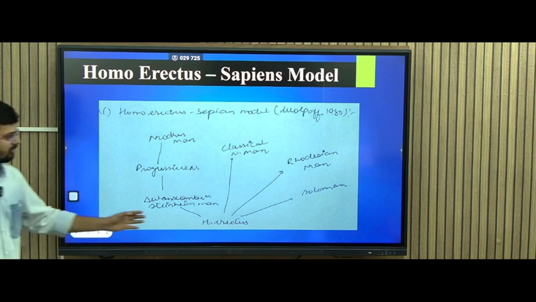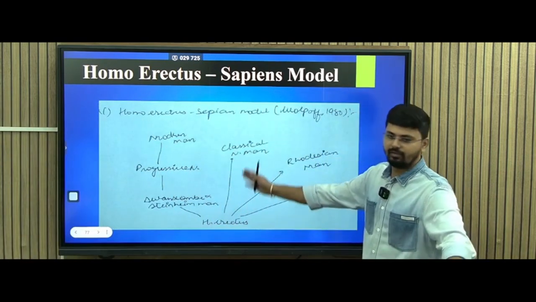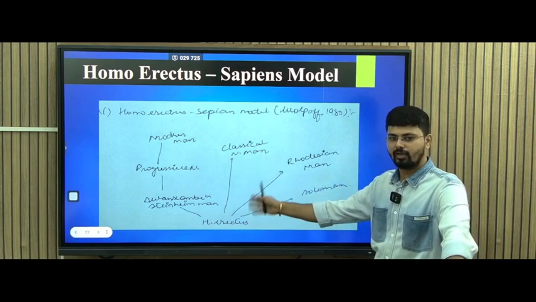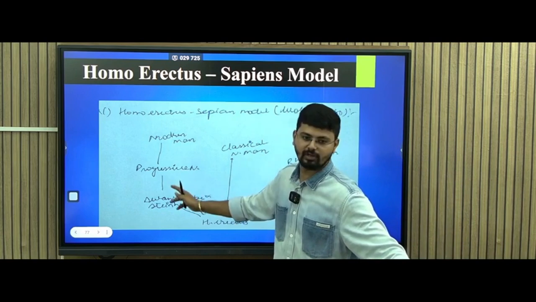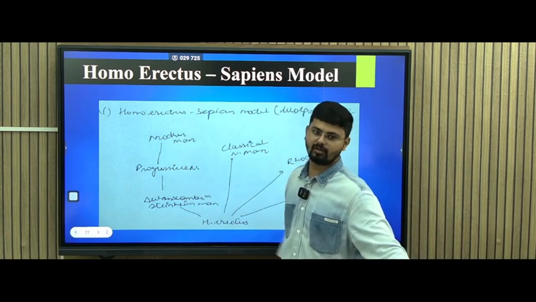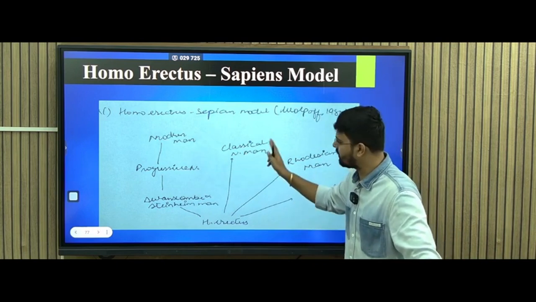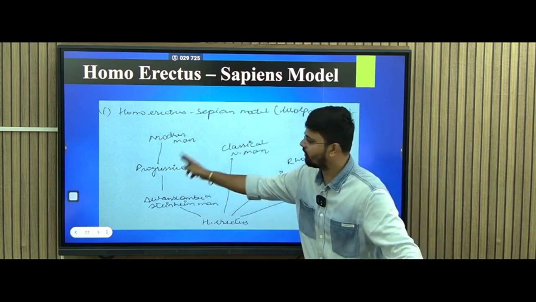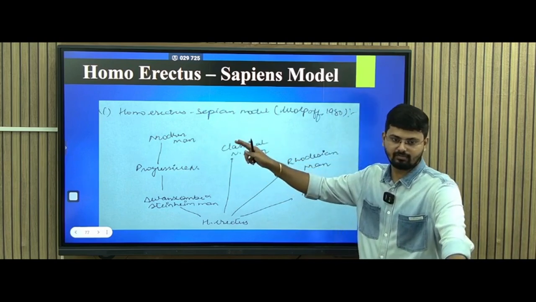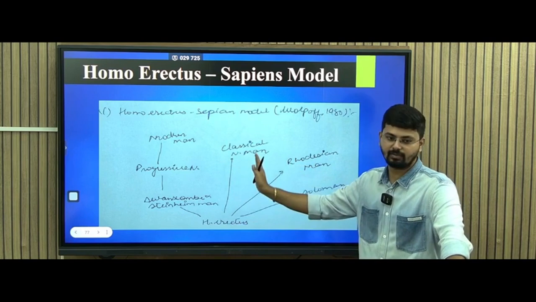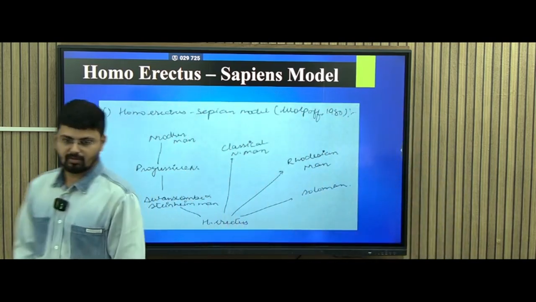It is believed that the classical evolved completely differently from Homo erectus, and there come Swanscombe and Steenheim, then progressive, then from progressive the Neanderthal. There is no separation here. Previously, the classical Neanderthal man was evolving from progressive, by Howell and Clark, but here it is completely separate. This is the Homo erectus sapiens model.